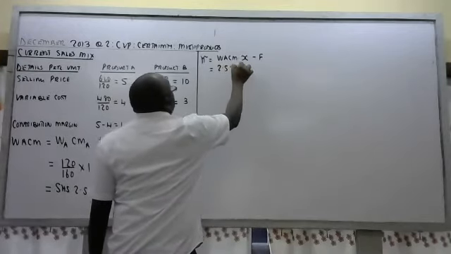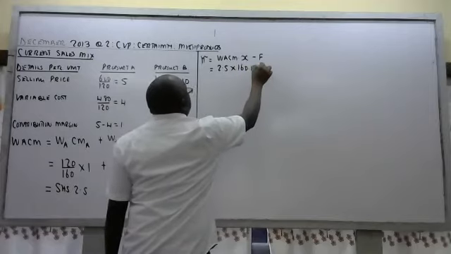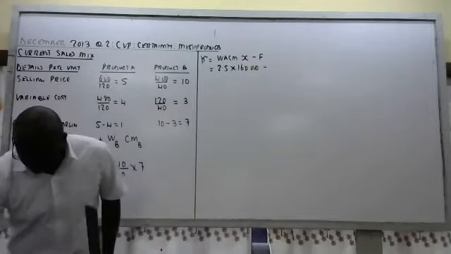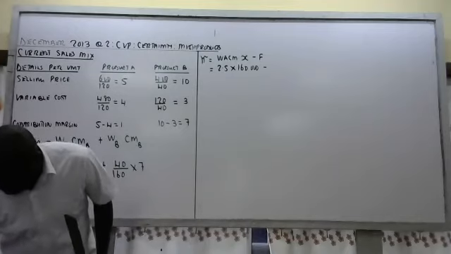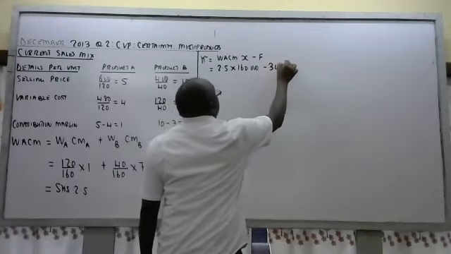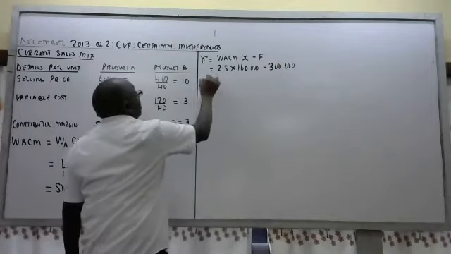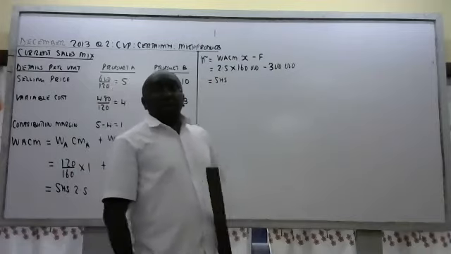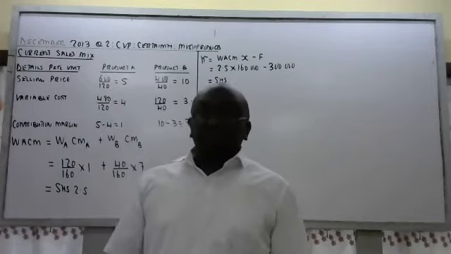You multiply by 160,000 units. You minus the fixed cost, which is 300,000.